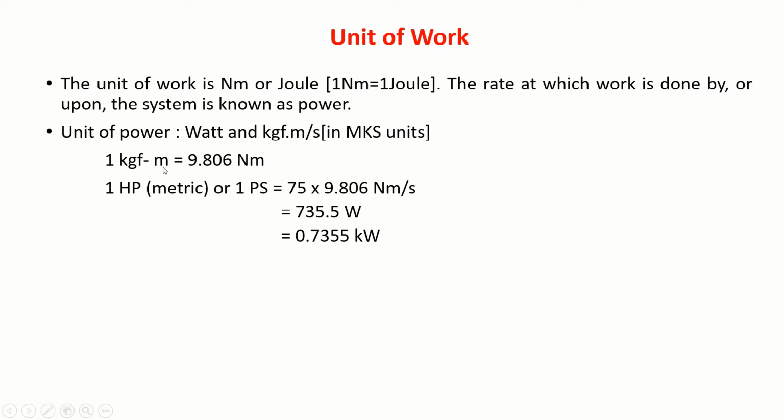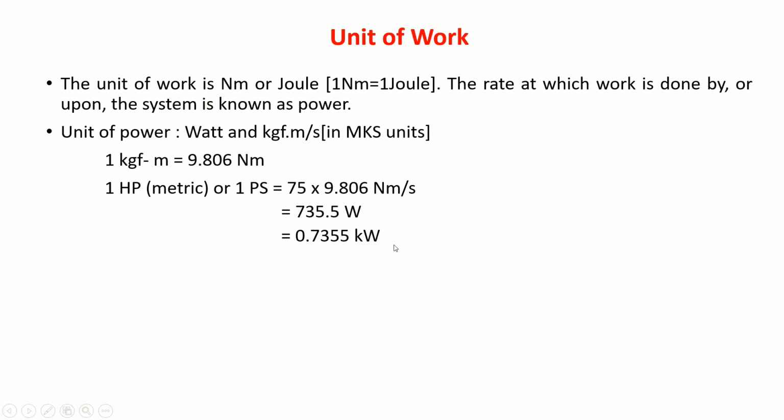So 1 kg force meter, I have written as 9.806 Newton or 9.81 approximately. You can write here 9.806 times 75. Then you will get Newton meter, which is nothing but joule. Joule per second is nothing but watt. 735.5 watt or 0.7355 kilowatt is 1 HP.